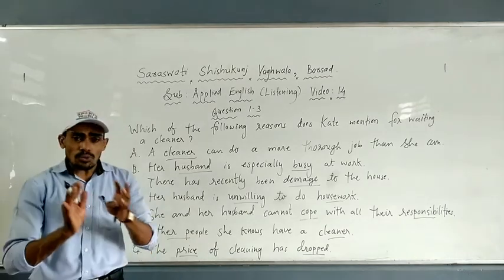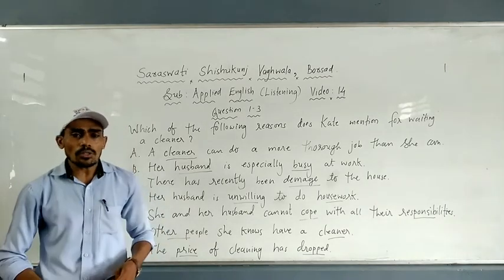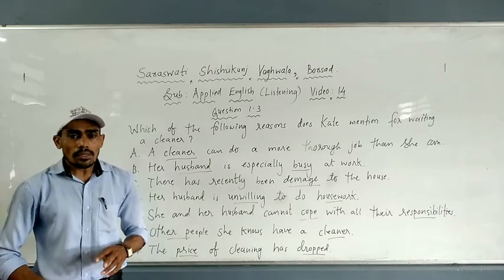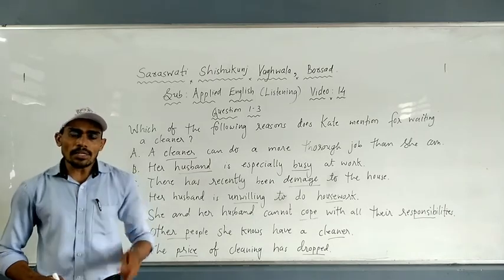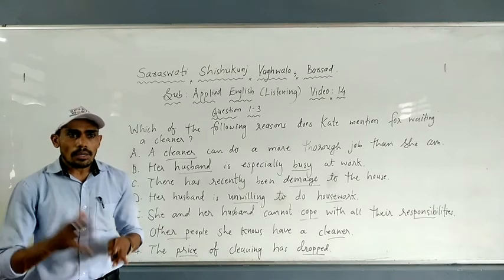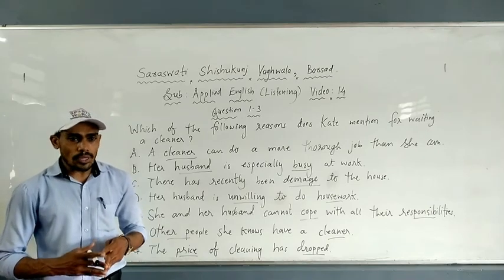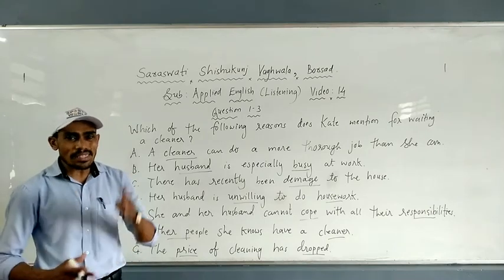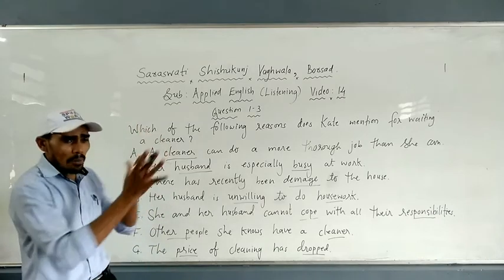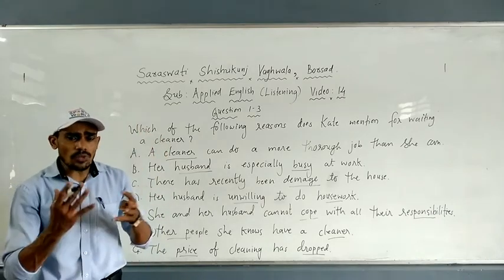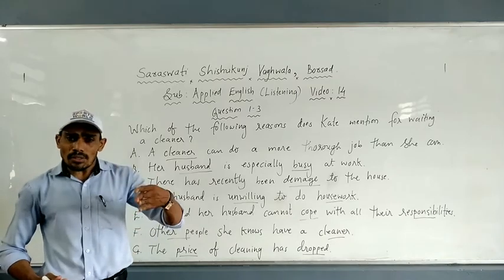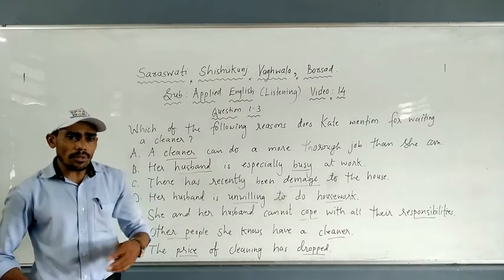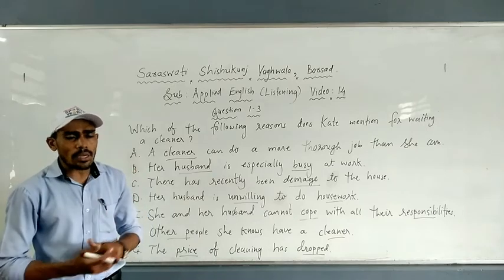Now this is based on a conversation between two women. They are talking about house cleaning. One is Kat and the second one is Greg's wife. Okay, so her name is Jen. They are talking about house cleaning, and when you listen to the conversation very attentively, you come to know what they are talking about.